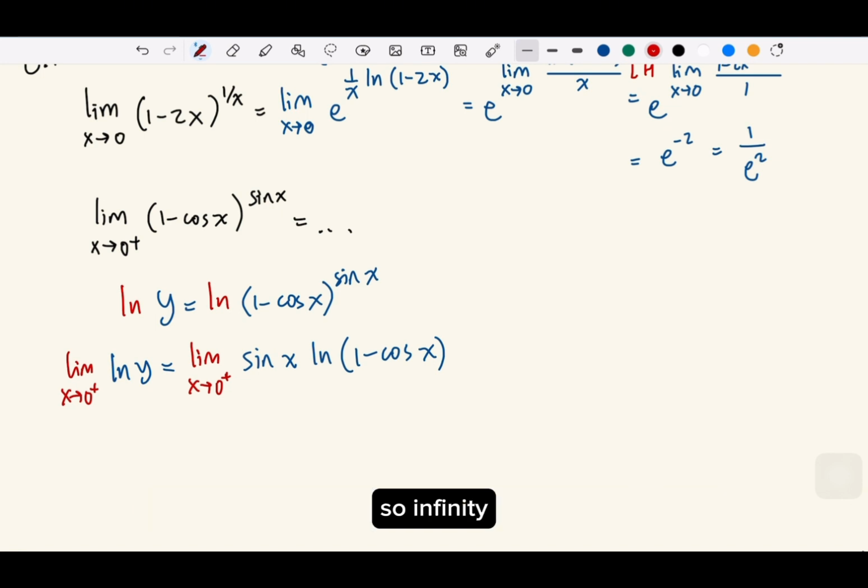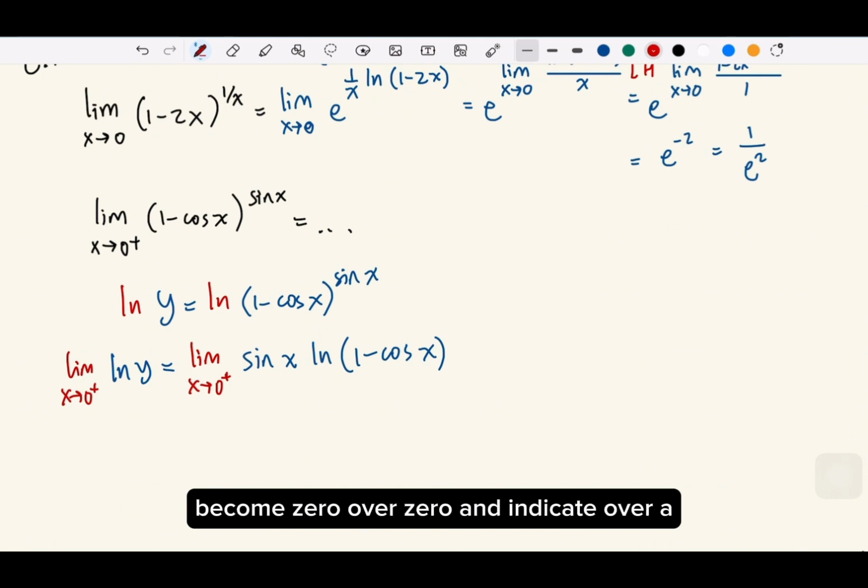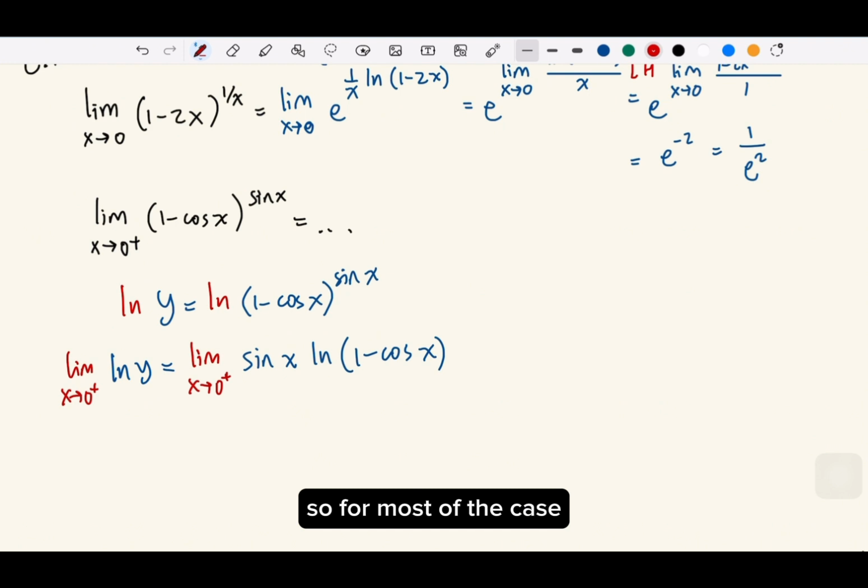So infinity times 0 is a multiplication, an indeterminate product, which means the only way to solve this is to force this arrangement to become 0 over 0 or infinity over infinity. For most cases, if you get any indeterminate form, your goal is to make it 0 over 0 or infinity over infinity.